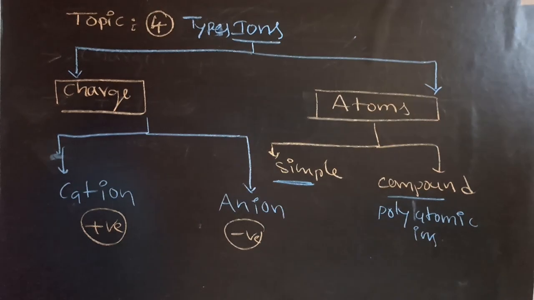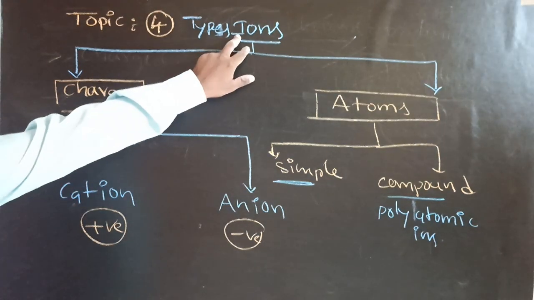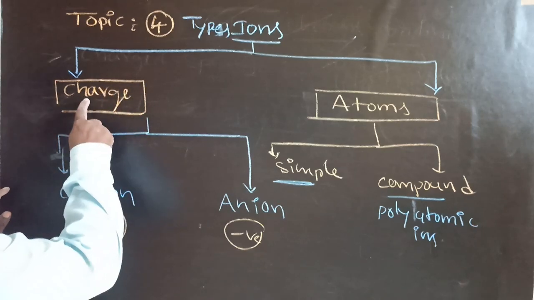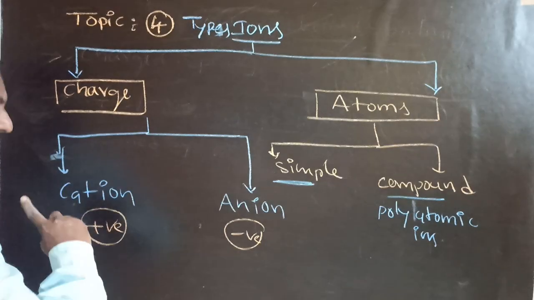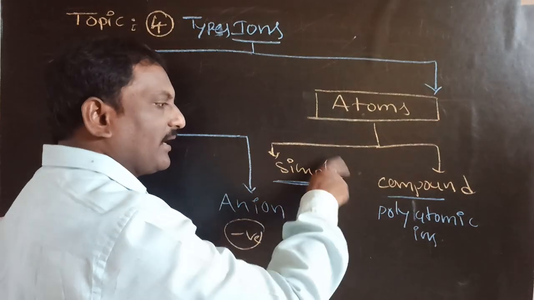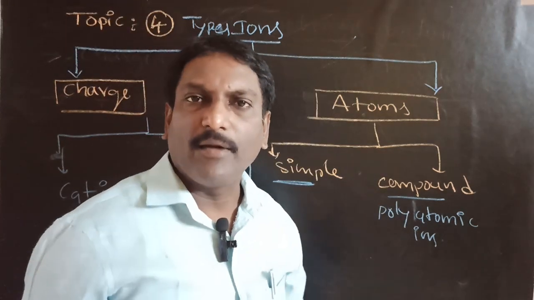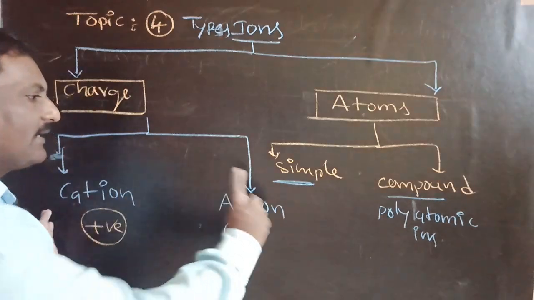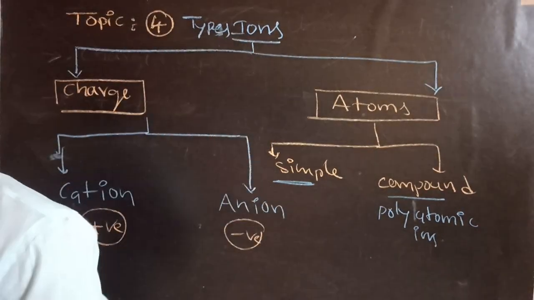So this is a clear picture of types of ions. Ions are classified into different types based on charge and based on atoms. Based on charge, two types: cation and anion. Based on atoms, two types: simple ions and compound ions. Compound ions are also called polyatomic ions. Let us discuss one by one in detail.